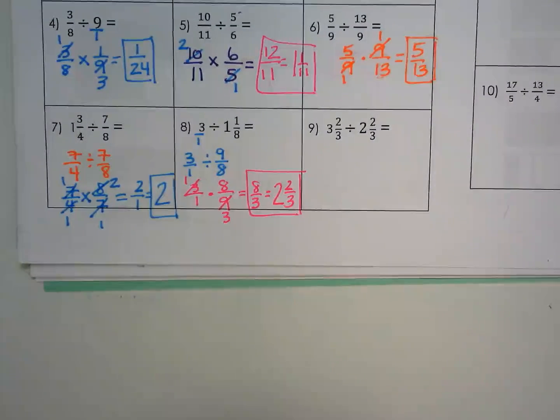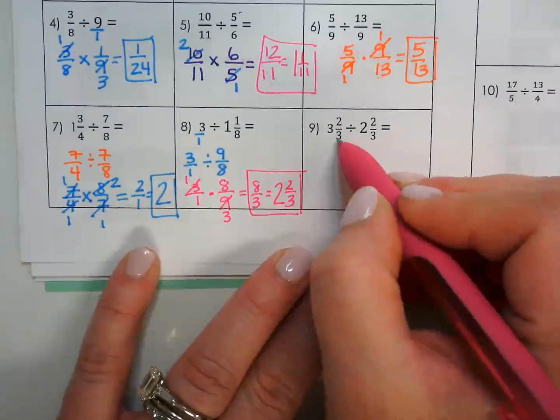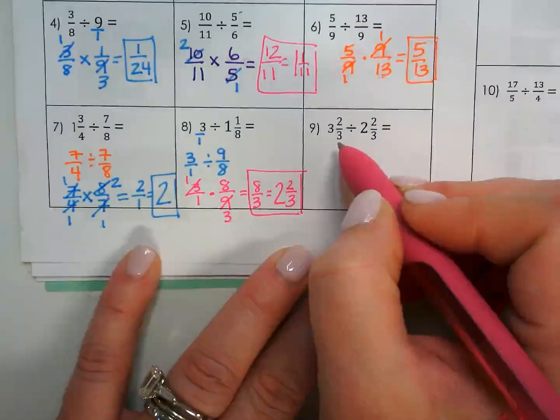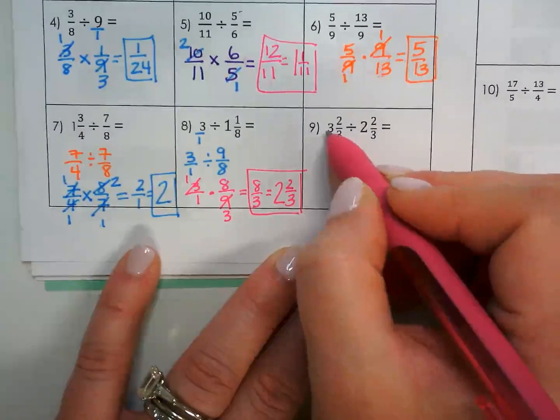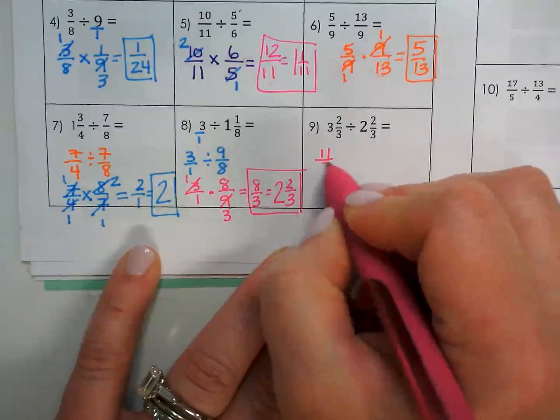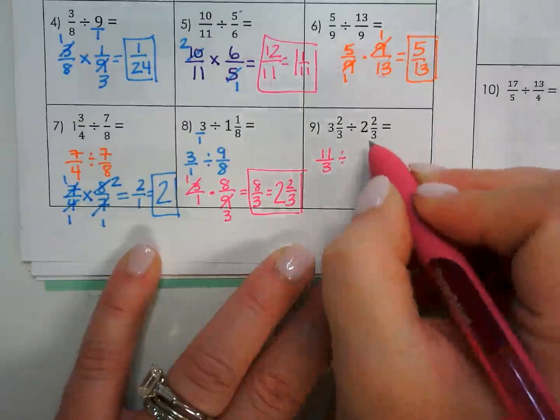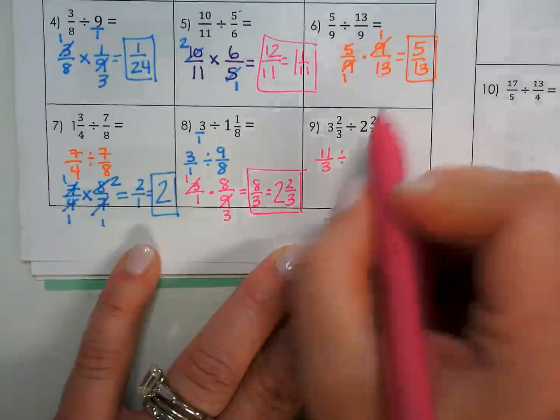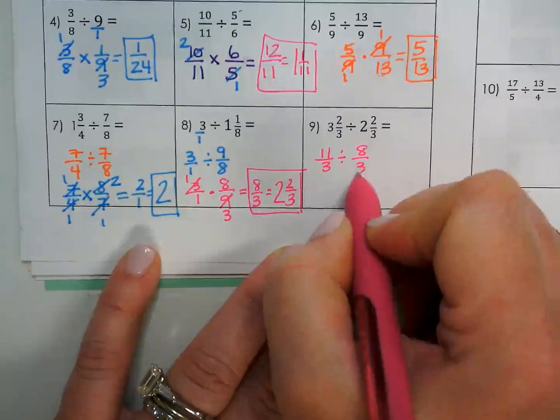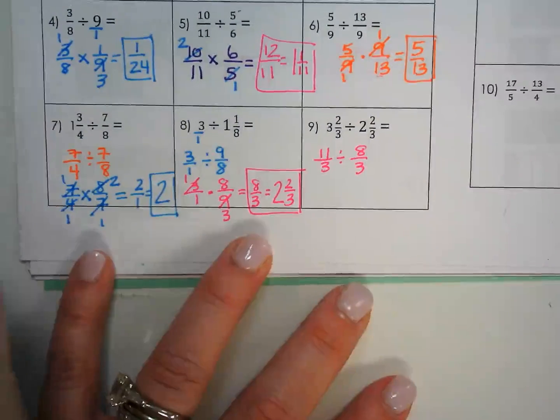All right, and the last problem in our examples here, we're going to set these guys up as improper fractions. So 3 times 3 is 9, plus 2 is 11. Notice I'm keeping it division. We're just working on one thing at a time here. 2 times 3 is 6, plus 2 is 8. Okay, now we use the algorithm.